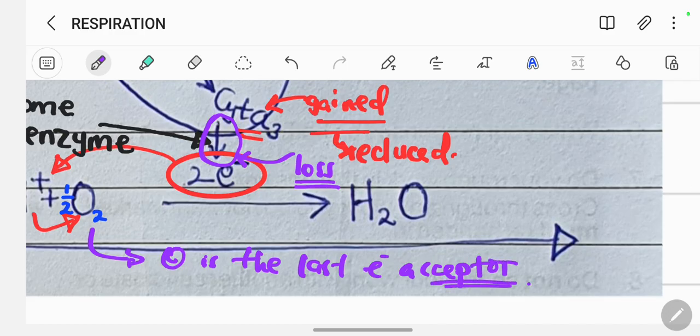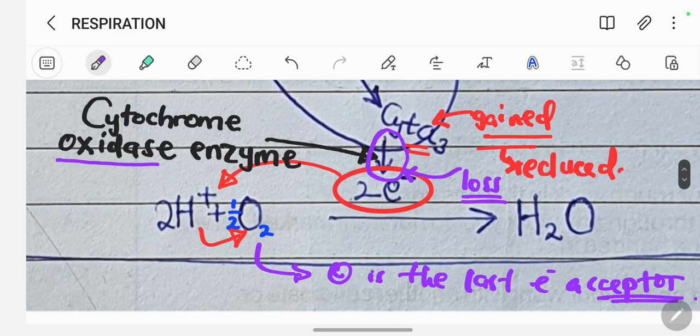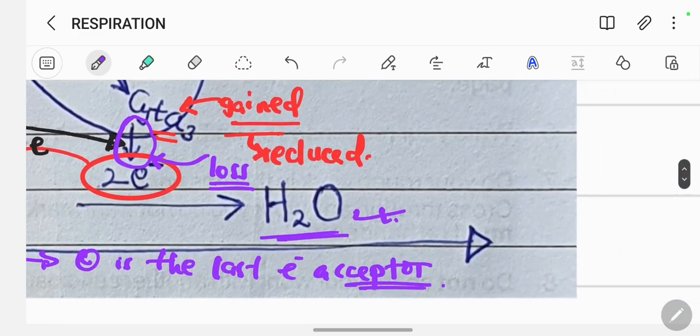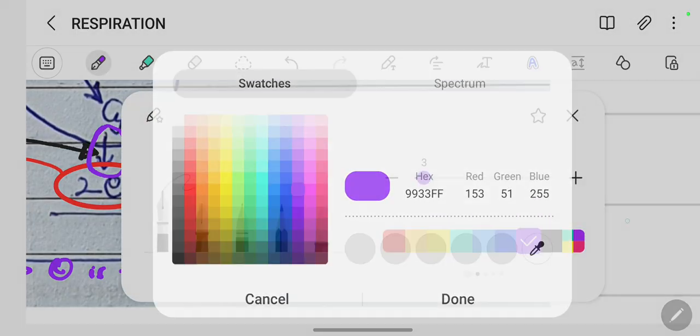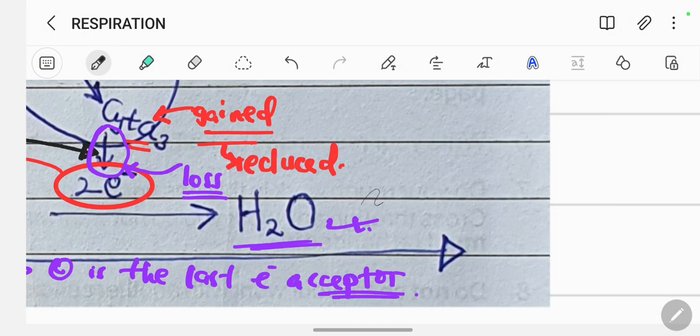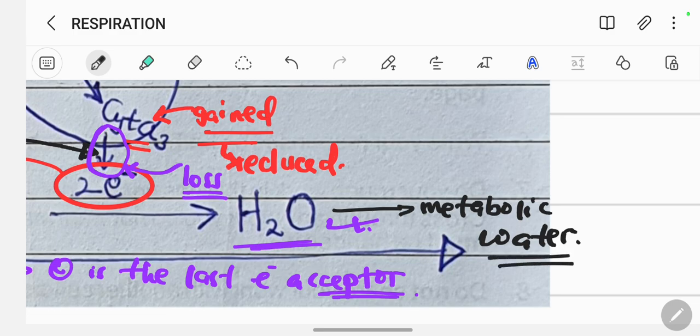Why? Oxygen will come and pick up those electrons and form water. This is now the metabolic water they usually talk about. So this is now our metabolic water there.